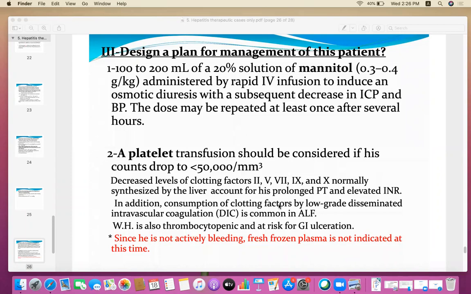A platelet transfusion should be considered if his count drops less than 50,000 per cubic millimeter. The decreased level of clotting factors II, V, VII, IX, X, normally synthesized by the liver, accounts for his prolonged PT and elevated INR.